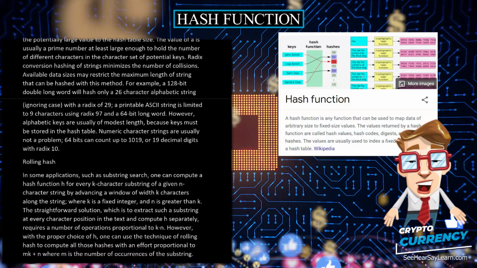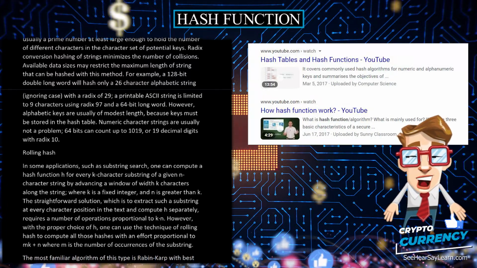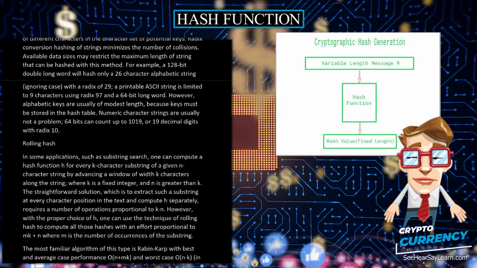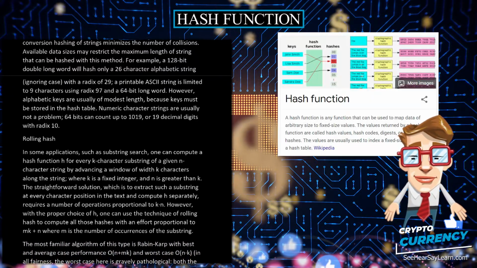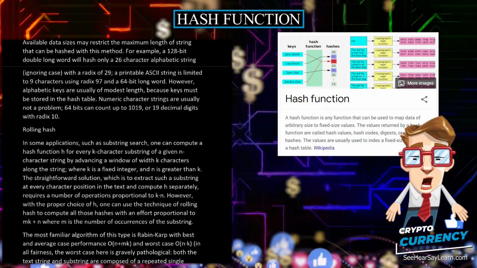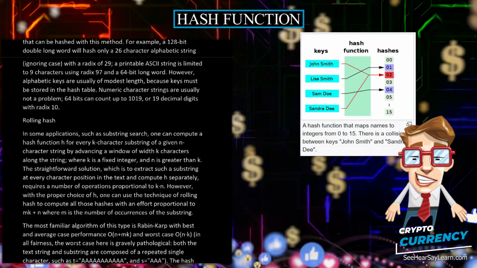However, with the proper choice of h, one can use the technique of rolling hash to compute all those hashes with an effort proportional to mk plus n, where m is the number of occurrences of the substring. The most familiar algorithm of this type is Rabin-Karp with best and average case performance n plus mk and worst case n·k.